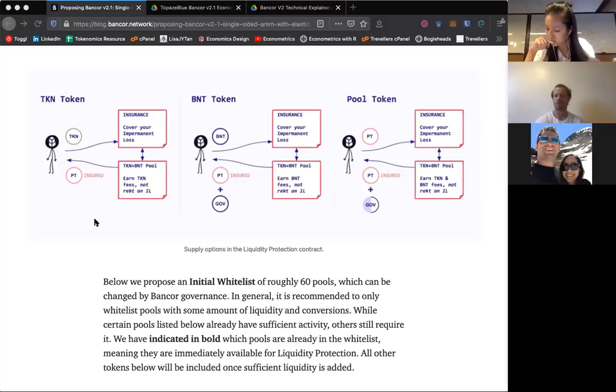So not only are your pool tokens liquidated at that moment, but any available pool tokens in the protocol's hands are liquidated at the same time. You receive your portion in TKN, and the BNT side is burnt against that. This is because the protocol is the one contributing the BNT. That's how it has ownership of these pool tokens as well. Exactly. Okay, that makes a lot of sense.